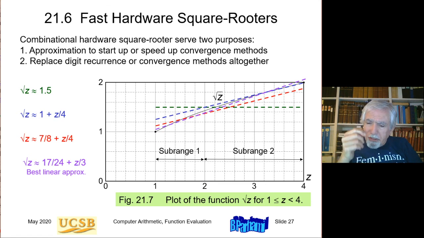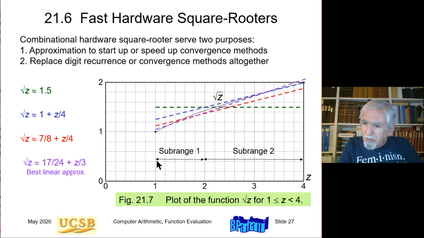And this is very easy to implement using table lookup. So for subrange 1 in the range 1 to 2, we may use a different linear approximation than for the range 2 to 4, therefore cutting the error even further. The subrange is basically very easily determined.